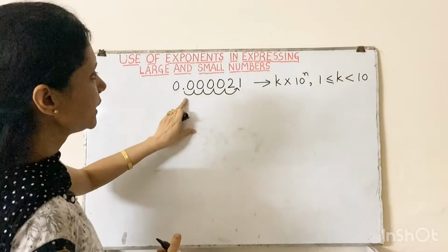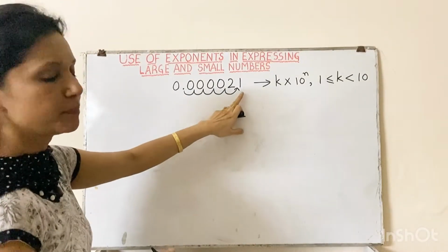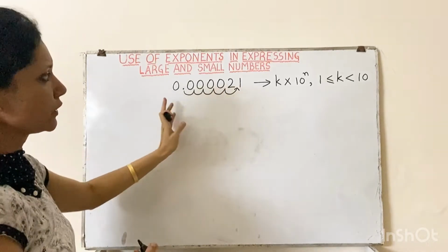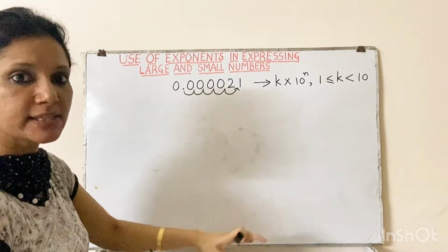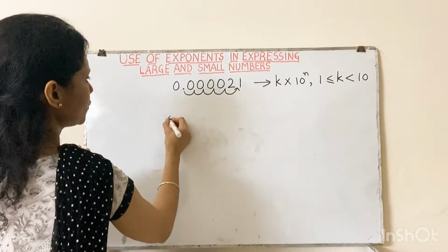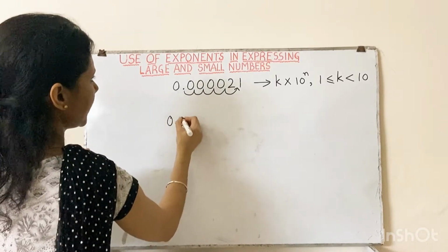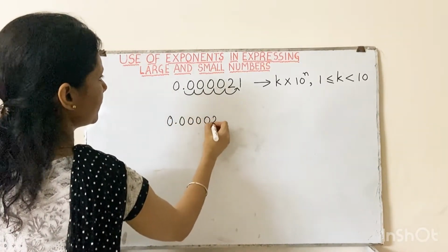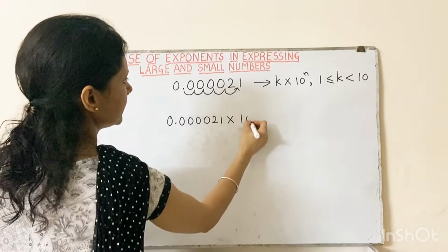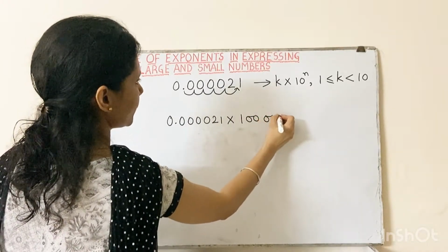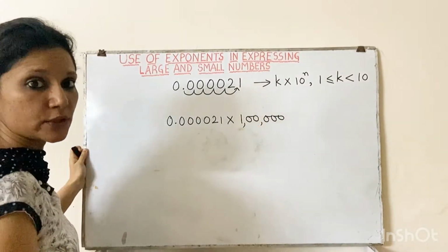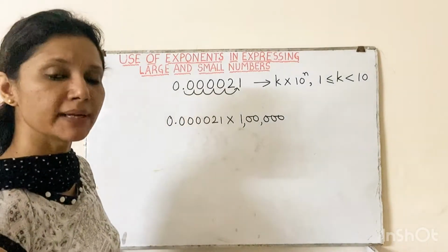So here I need to move the decimal 5 places towards the right. In order to do that, I should multiply this number with 1 lakh, because 1 lakh has 5 zeros. But I cannot directly multiply it with 1 lakh.